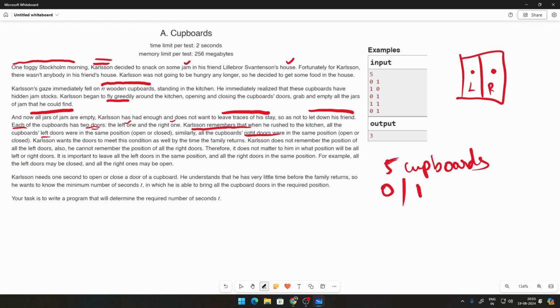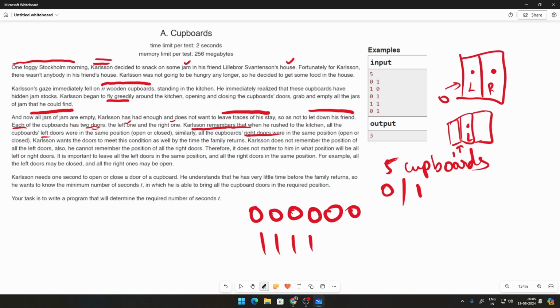So here the left is open, so this will be the 1 state and this will be the 0 state. Let's assume initially all the lefts were 0 0 0 0, all the rights were 1 1 1 1, something like that. So all of this was the same, all of this was the same. That's what we're trying to understand here.